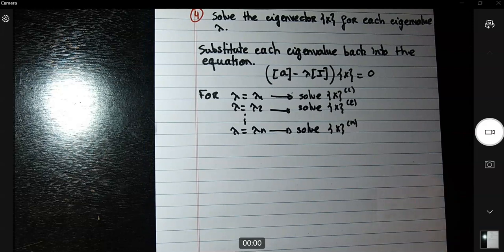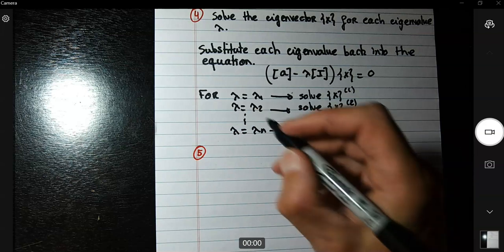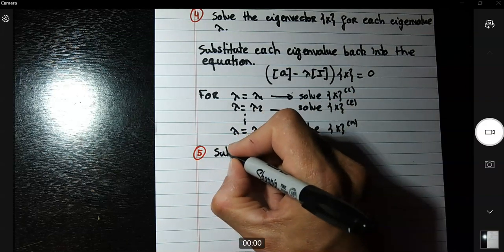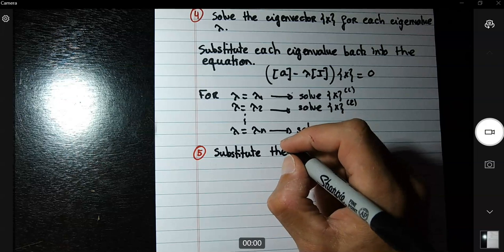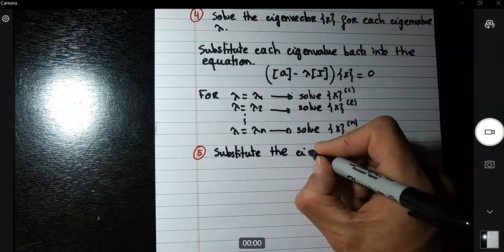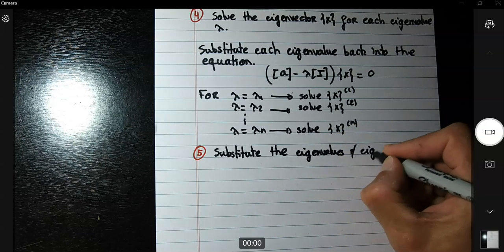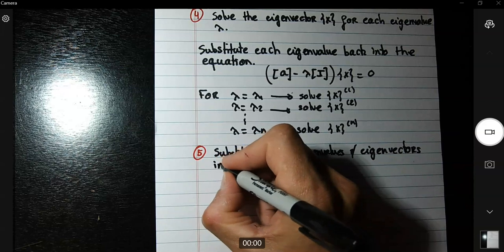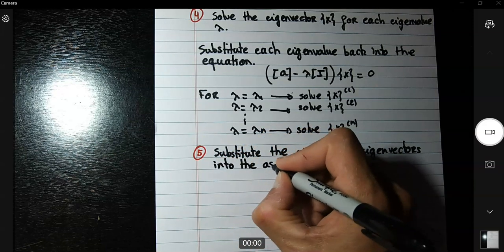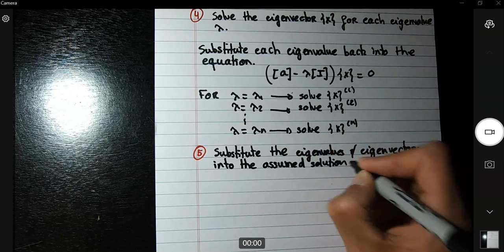Okay, then 5, you substitute the eigenvalues and eigenvectors into the assumed solutions.